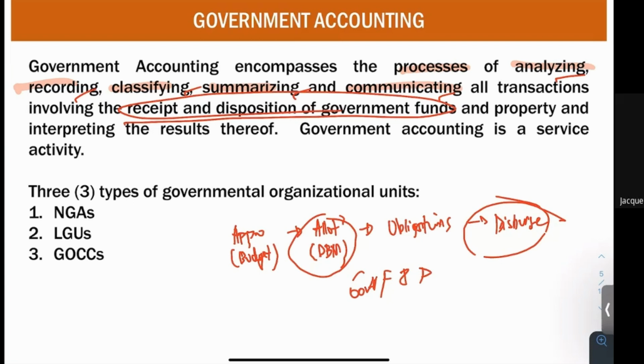Furthermore, it provides here that government accounting is a service activity. Why is it a service activity?